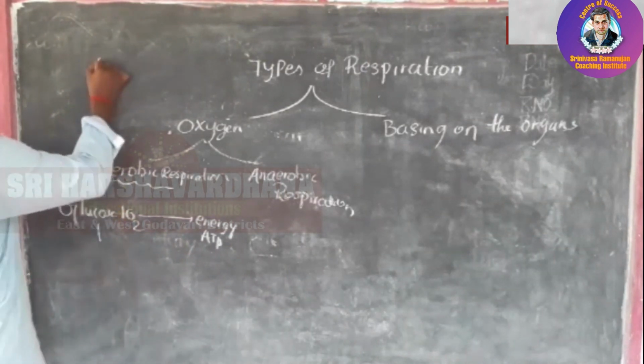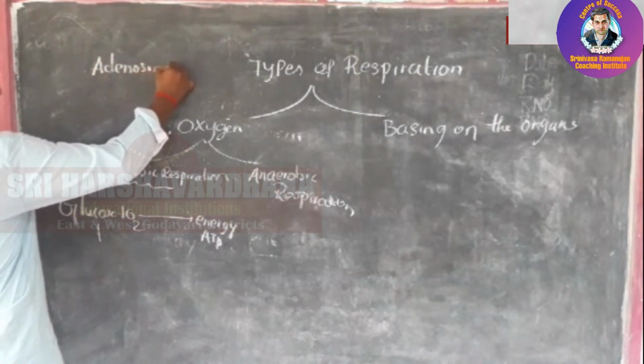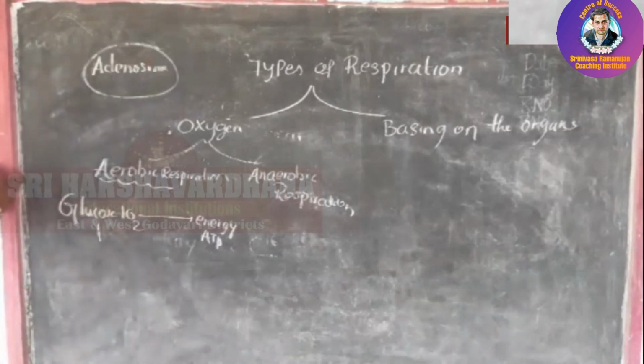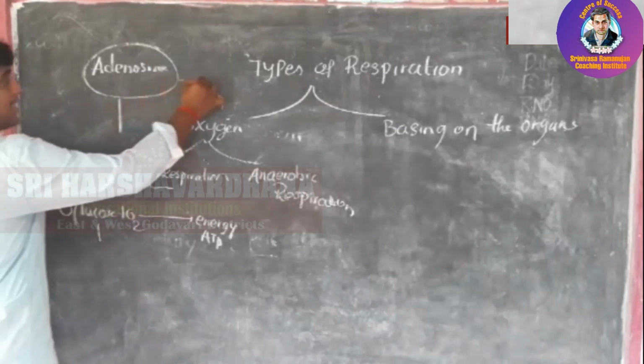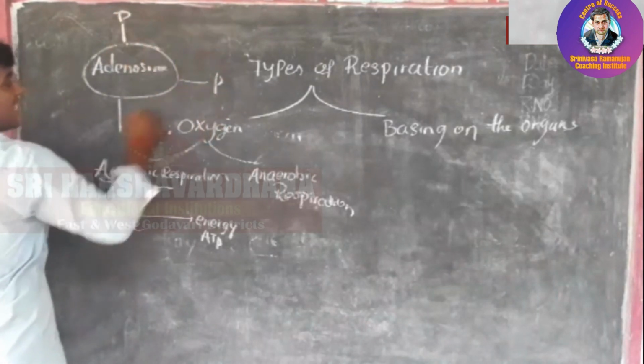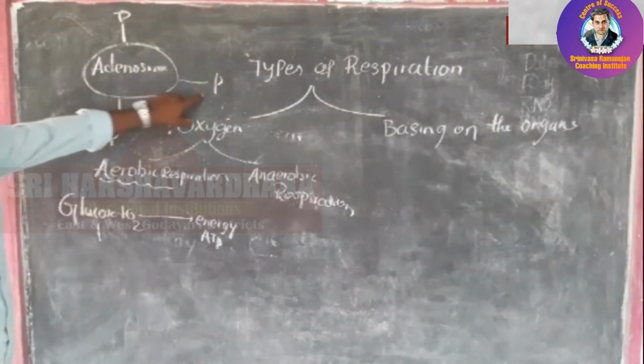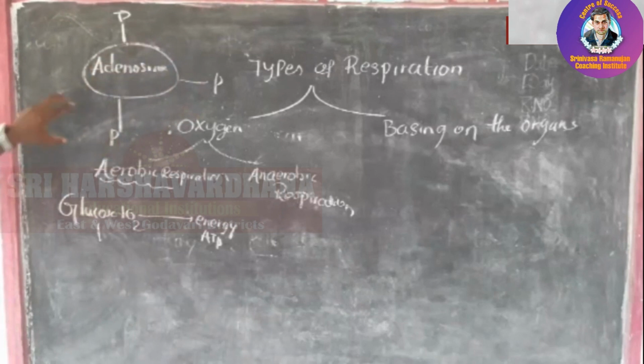Adenosine triphosphate has one sugar molecule, which we call adenosine. This adenosine has three phosphate molecules attached, bonded with it. That's why it has three phosphates and is called adenosine triphosphate.